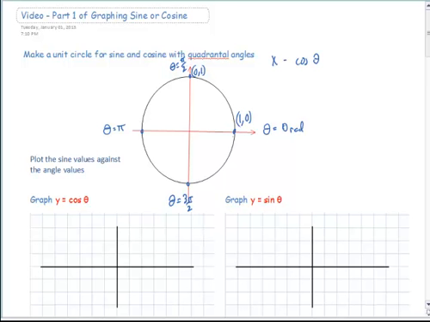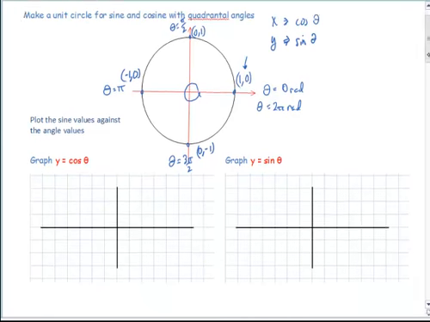When we finally get the circle to complete a full revolution, we're back at theta equaling 2 pi radians. So the coordinates of these points would be 1, 0, 0, 1, negative 1, 0, and 0, negative 1. Remember that the x-coordinate is a cosine ratio and the y-coordinate is the sine ratio.